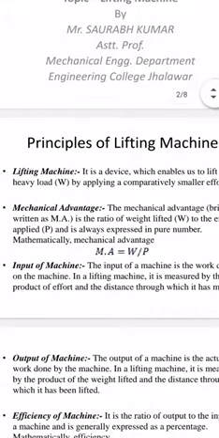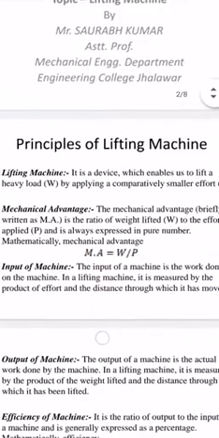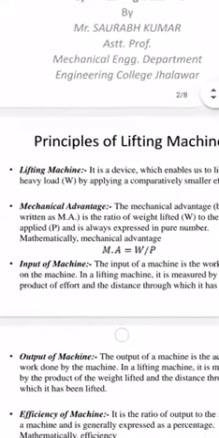Suppose we are lifting a 1000 kg weight through a height of 2 meters. So W is 1000 kg and the distance is 2 meters. This is the input of the machine.